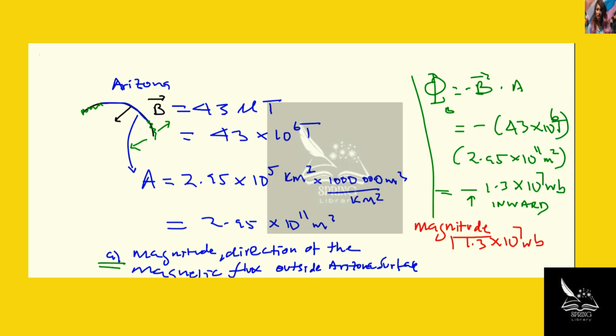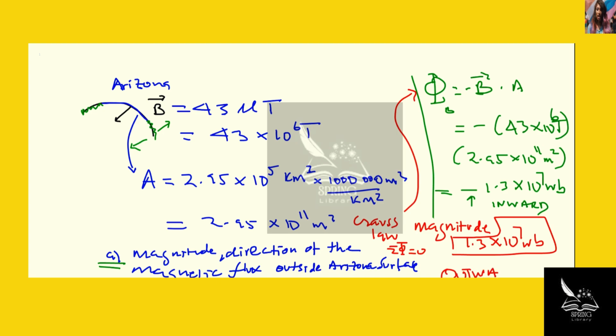And since the direction is positive, it means that according to Gauss's law, which says that the sum of the flux has to be 0, we have 1.3 times 10 to the 7, and that's going to be outward.